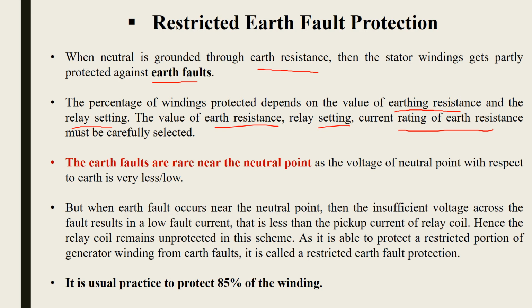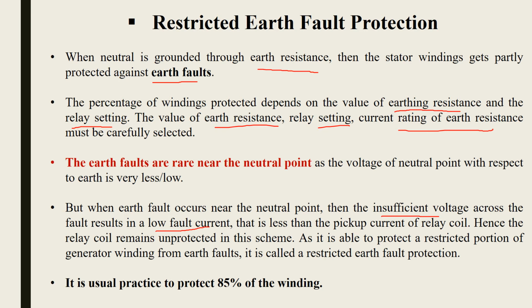Although earth faults are very rare near the neutral point, if they occur, the voltage of the neutral point with respect to earth is very low and therefore insufficient voltage is produced. As a result, there is a low fault current, and this fault current cannot be measured with the help of the relay, since this fault current is very less than the pickup current of the relay coil.